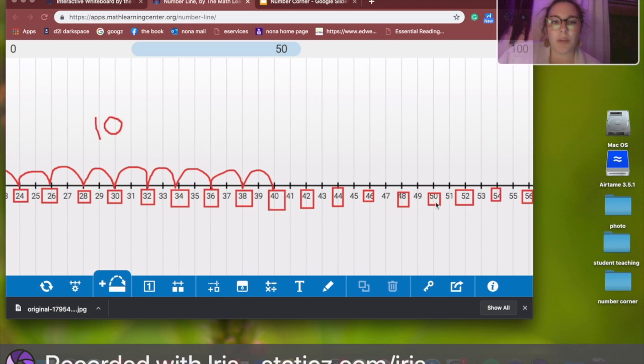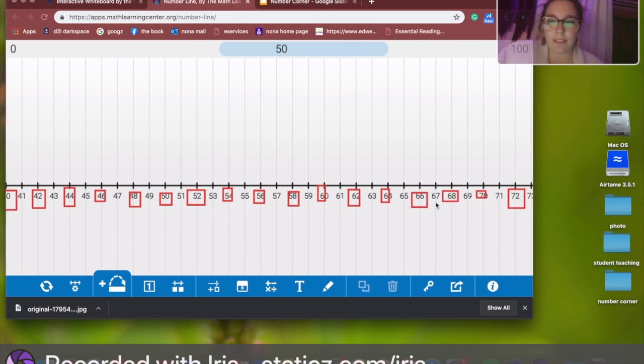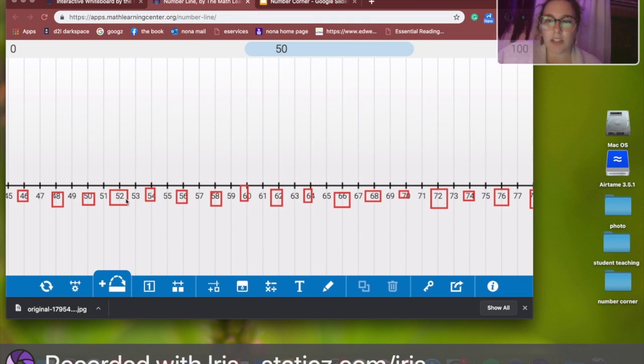Now friends, notice between 0 and 50, there were 25 multiples of 2. Do you think you know the answer for how many multiples of 2 there are between 0 and 100? We're at 25. Let's keep counting.